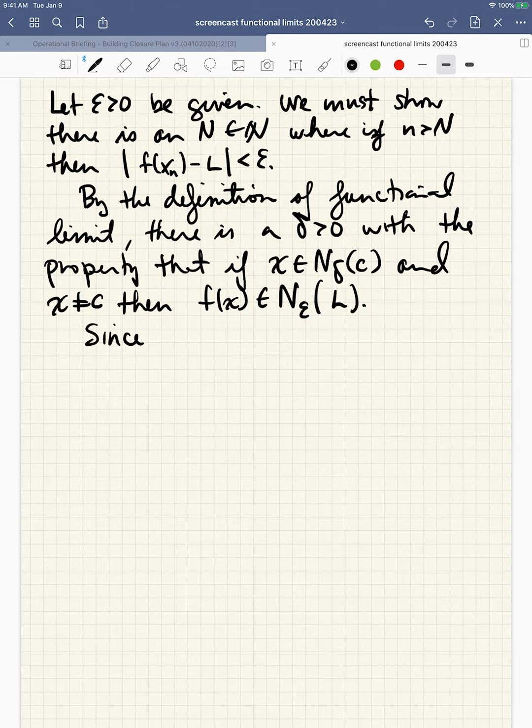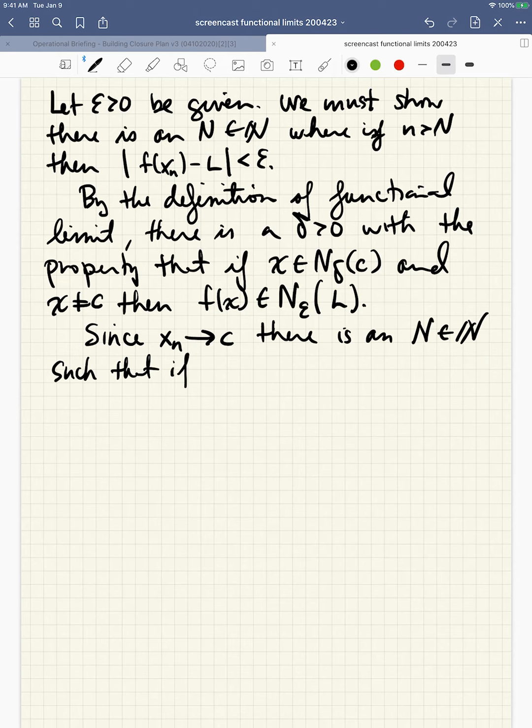Since the sequence xn converges to c, there is an N in the natural numbers such that if little n is bigger than capital N, then xn is close to c.